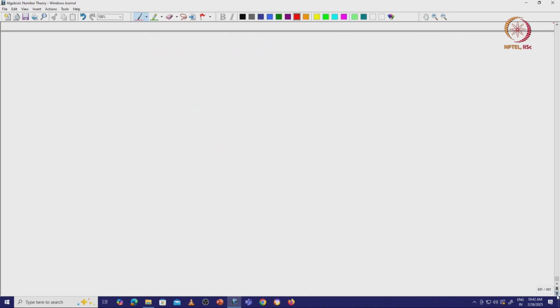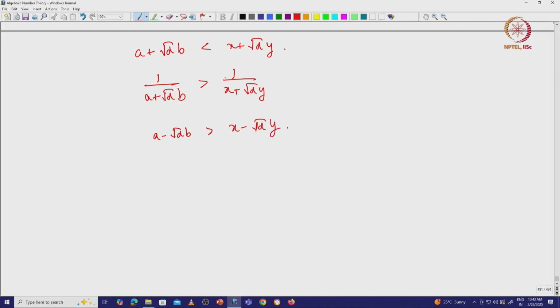What we have is a plus square root of d times b is less than x plus square root of d times y, which means that 1 over a plus square root of d times b is greater than 1 over x plus square root of dy. But what are these? These are a minus square root of d times b and x minus square root of d times y, right.